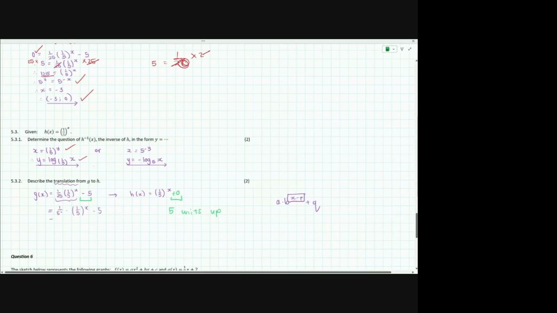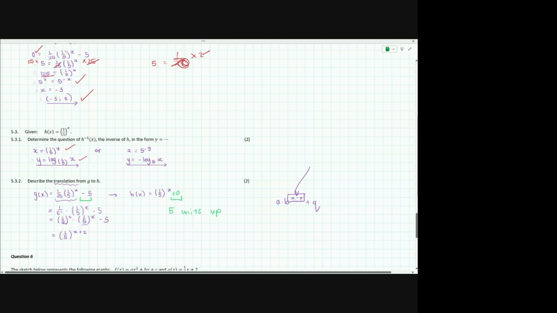And again, using your exponent knowledge, this 1/5 squared can be written as 1/5 to the power 2 times 1/5 to the power x. Your bases are now the same, which means you can add the exponents. And so we would have 1/5 to the power x plus 2, or 2 plus x, doesn't matter.